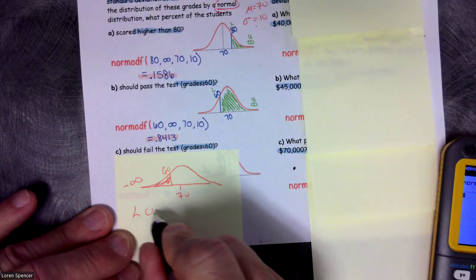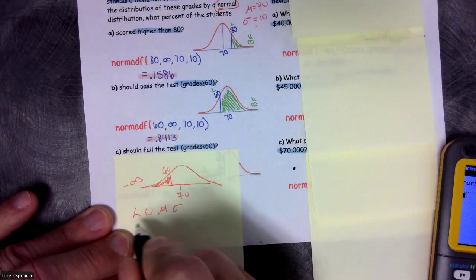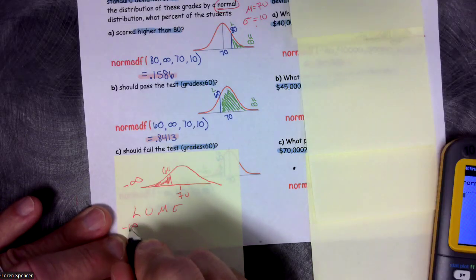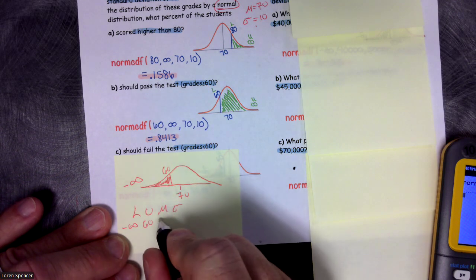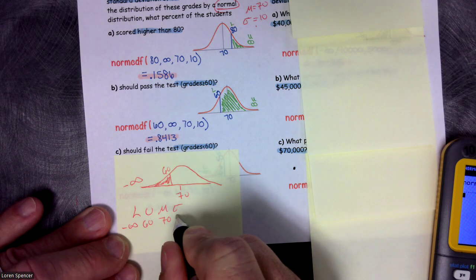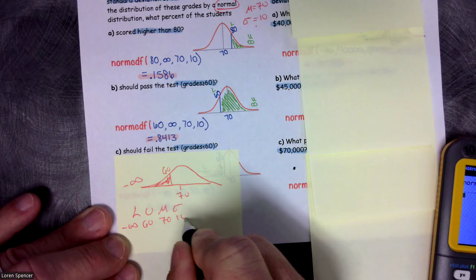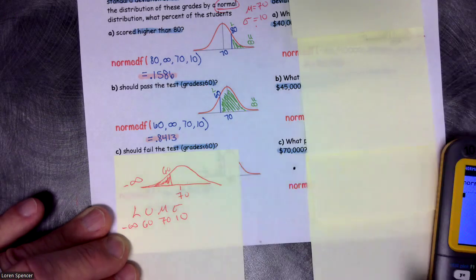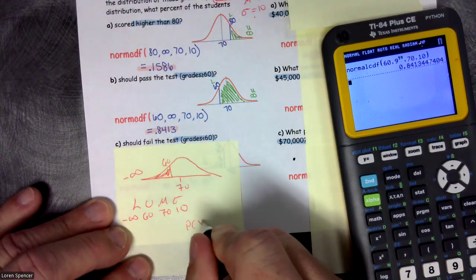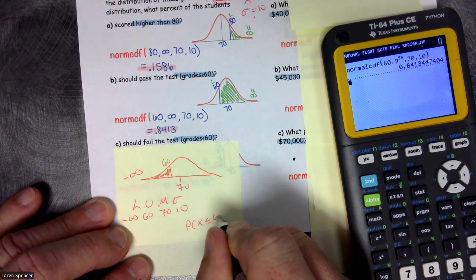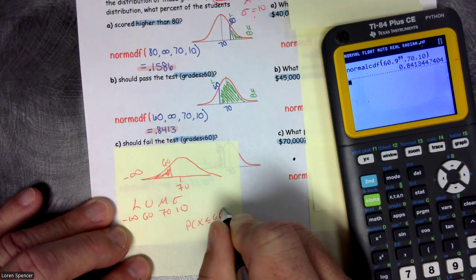My LUMO, my lower upper mean standard deviation, so this is negative infinity, 60, mean of 70, standard deviation of 10, because it's the same standard deviation we had, because really what we're asking for is the probability that X is less than or equal to 60.